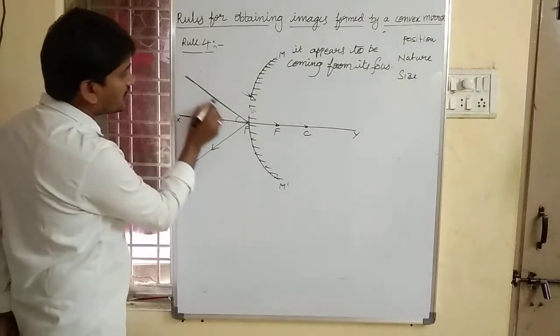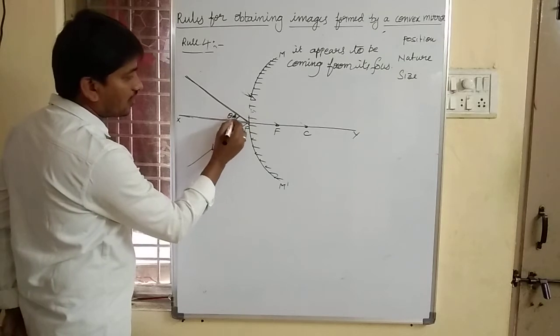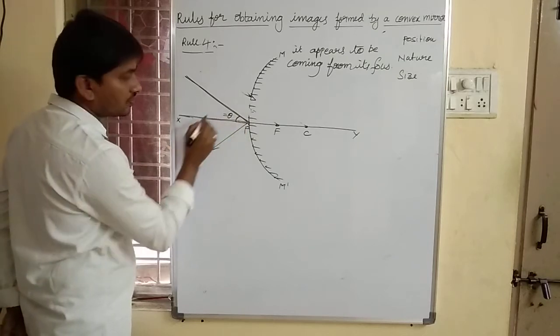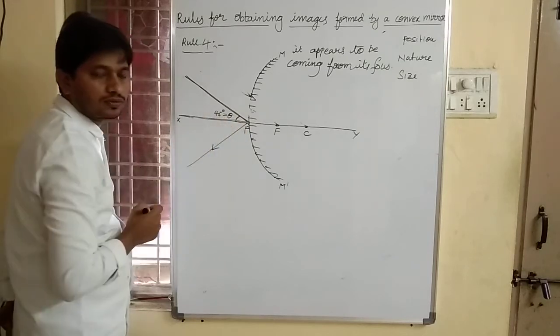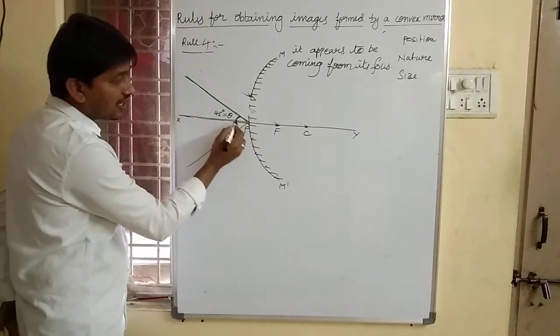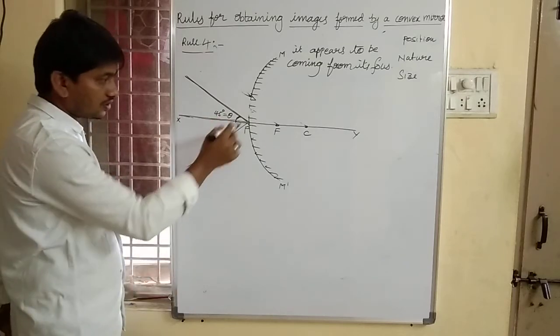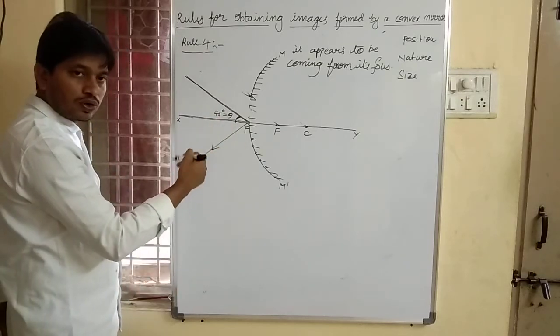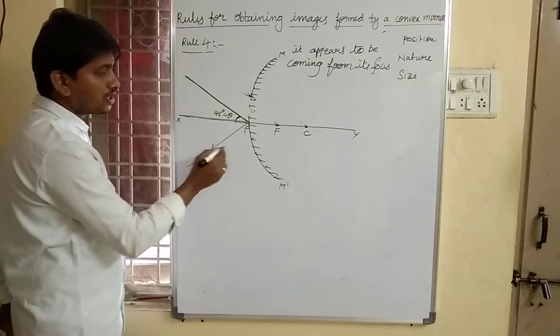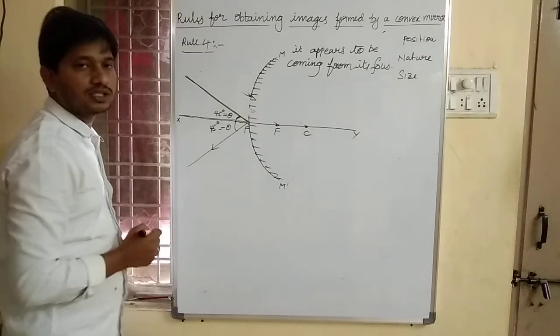So, this is our incident ray. This is our principal axis. It makes an angle over here. Let it be 45 degrees. Suppose the incident ray makes an angle of 45 degrees with the principal axis, then the reflected ray also makes the same angle with the principal axis, that is also 45 degrees.